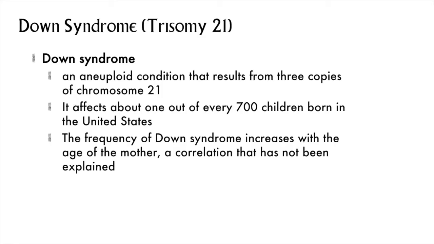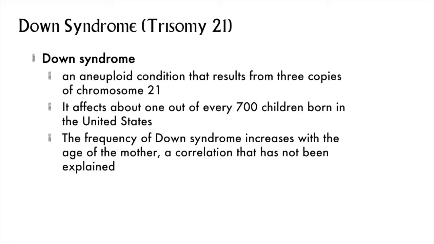There are a few viable aneuploid conditions that occur in humans. One is Down syndrome. People with Down syndrome have 3 copies of chromosome number 21, so another name for this condition is trisomy 21. It affects less than 1% of children born in the U.S., though older mothers are more likely to give birth to babies with Down syndrome for reasons that are still not well understood.